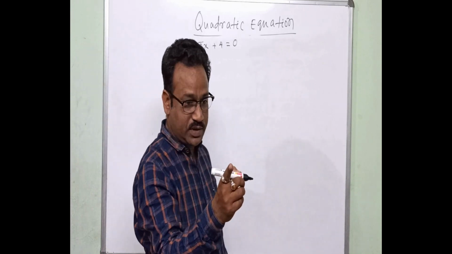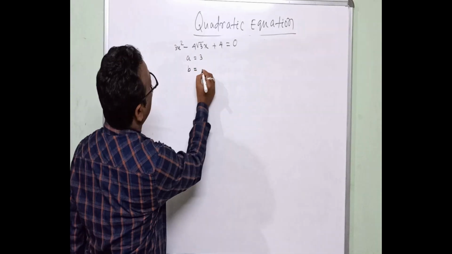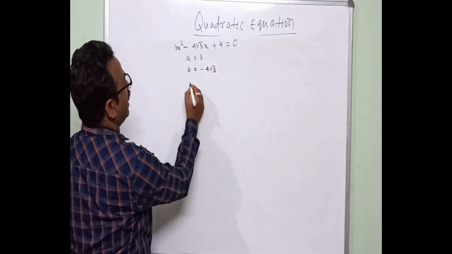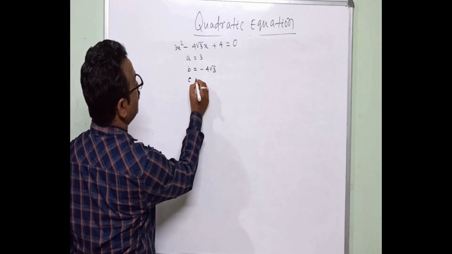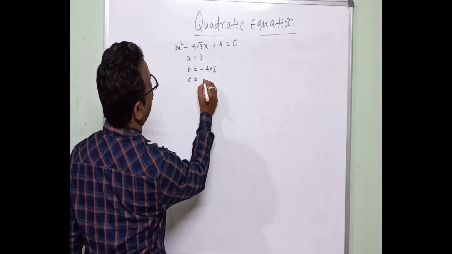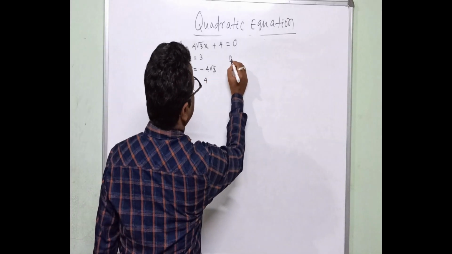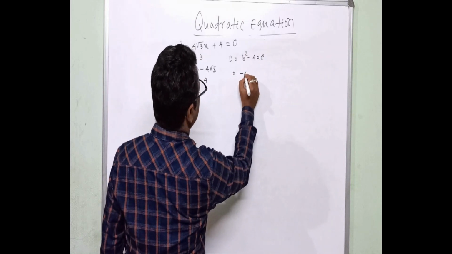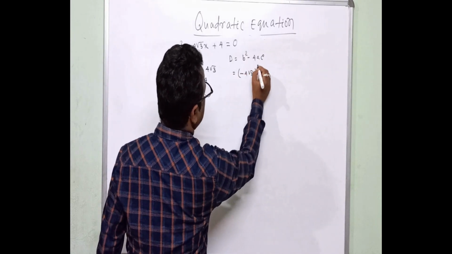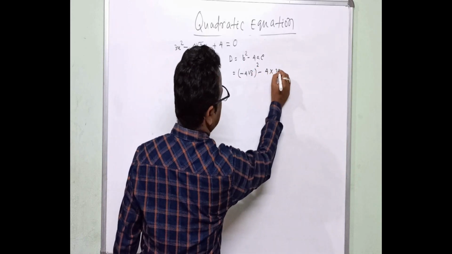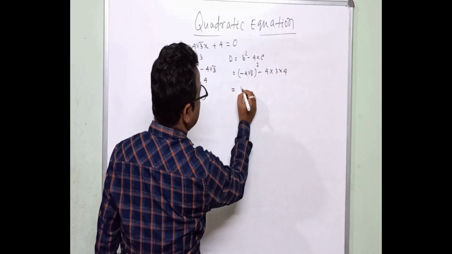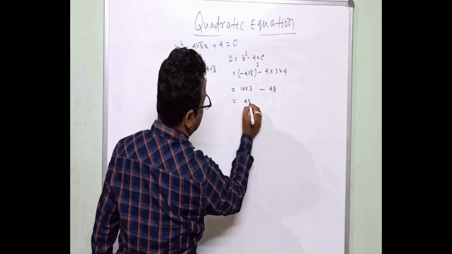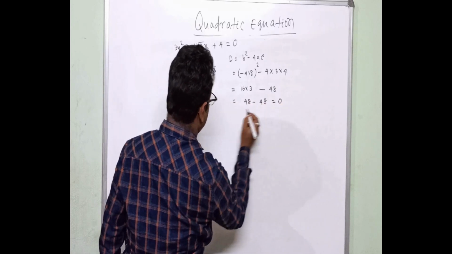Yes, a is equal to 3, b is equal to minus 4 root 3, and c is equal to 4. Now discriminant D is equal to b square minus 4ac is equal to (minus 4 root 3) square minus 4 into 3 into 4, that is equal to 16 into 3 minus 48, is equal to 48 minus 48, is equal to 0.